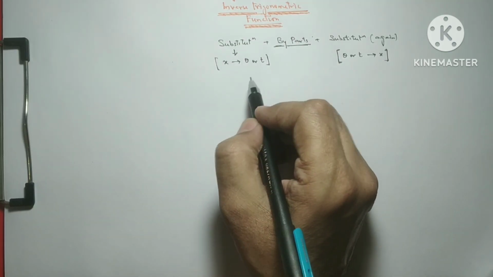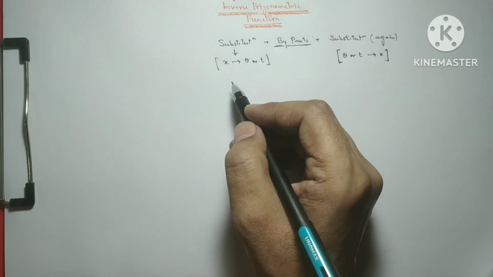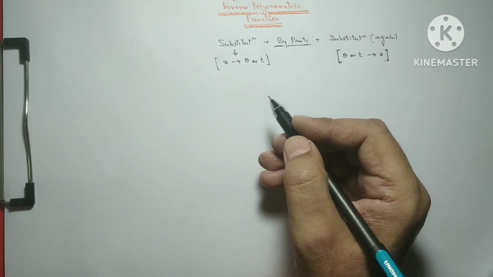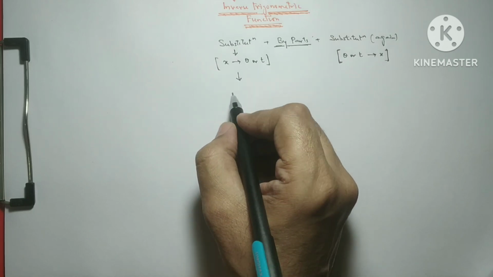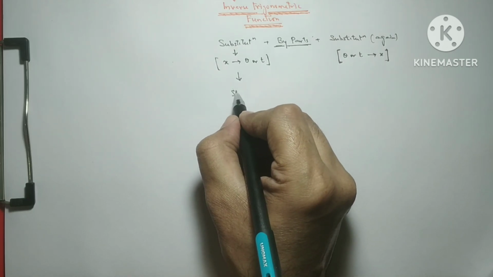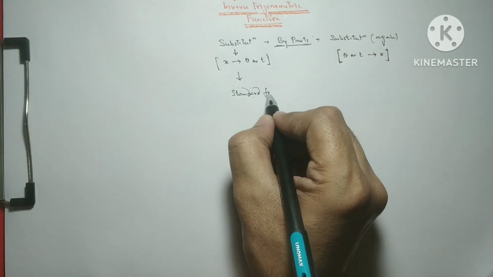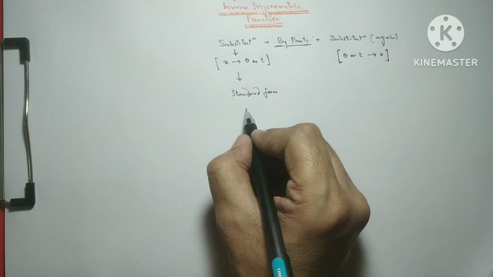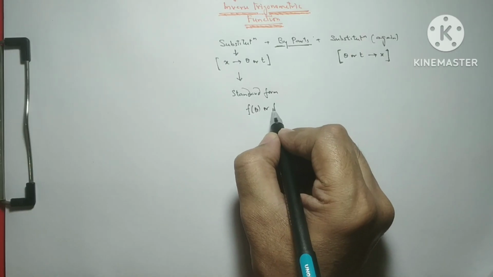So first we will try to substitute to make the given expression into standard form. Now after this substitution we will get the standard form, but this standard form will be in terms of theta or you can say t.